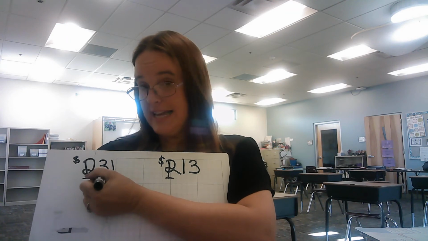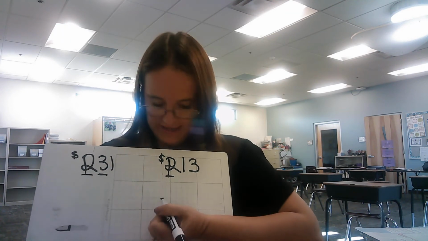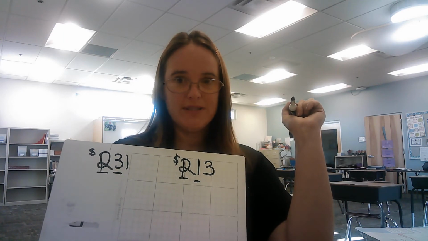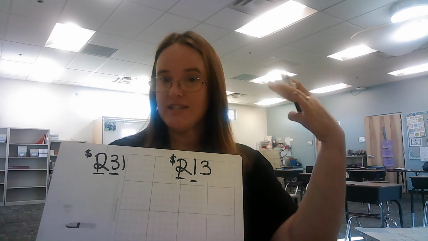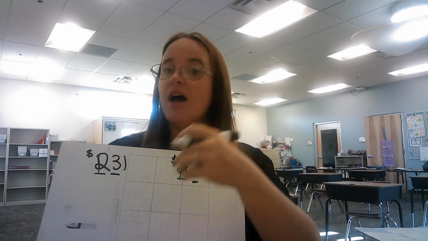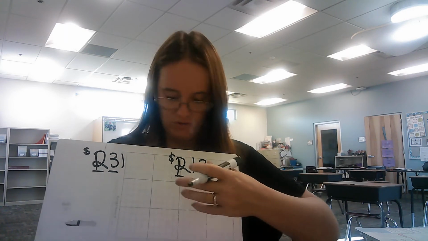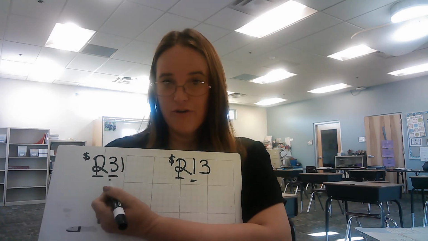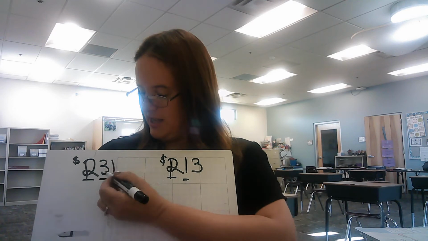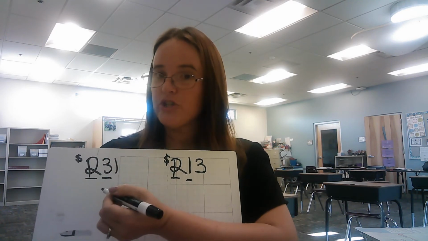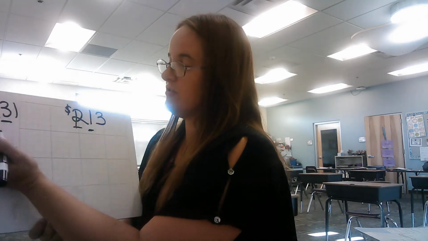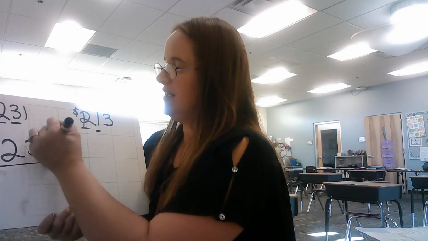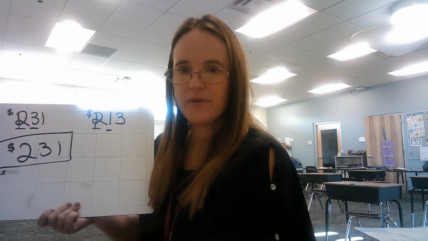Look at the tens place. We have 3 tens and we have 1 ten. Ooh, those are different. Which one's more? Would you rather have $10 or $30? I'd prefer 30. So this, oh, sorry, I'm doing this backwards. This one is greater. $30 is better than $10. So the question is, which one is greater? So if you were writing the answer there, you would want to write $231 and put it in a box there.